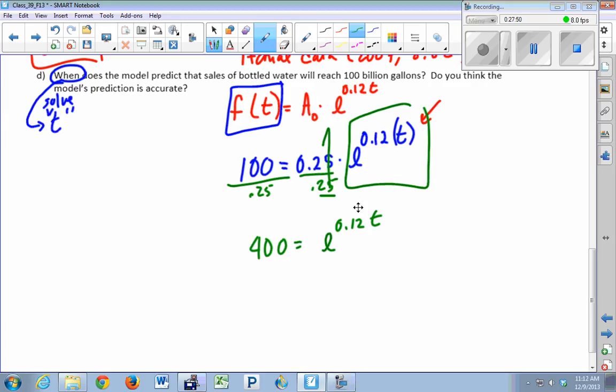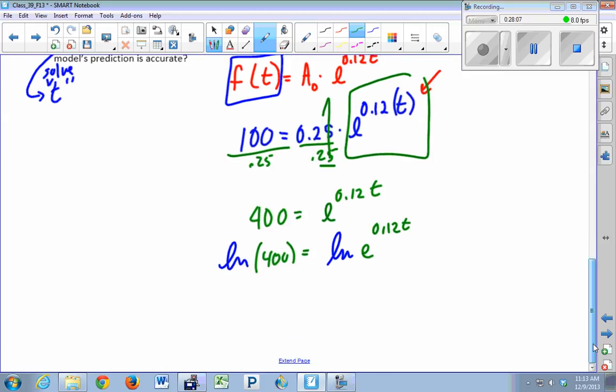So we have to take the log of both sides. Which one doesn't matter, but let's take the natural log. Natural log of 400 equals the natural log of e to the 0.12 t. The natural log of 400 is just a constant. We use our log properties, and this exponent comes down out in front, and we get the natural log of e.